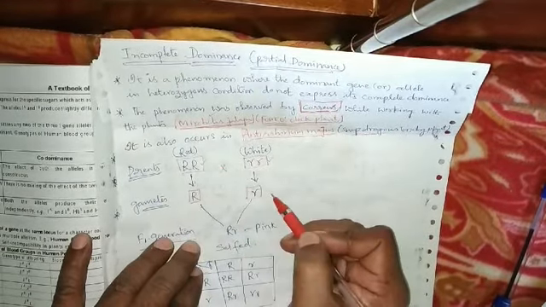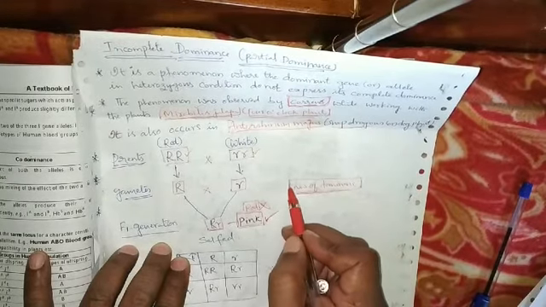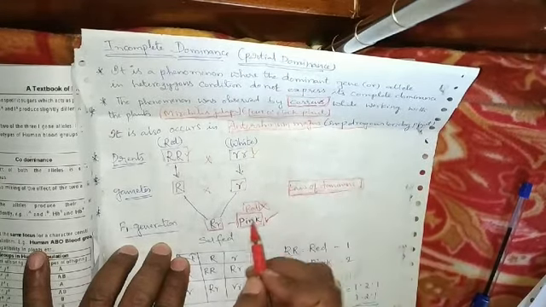It is showing a pink color character. That means red and white mixed, and it is showing pink. So it is not following Mendel's law of dominance. Mendel's law of dominance is not applicable in all the cases.